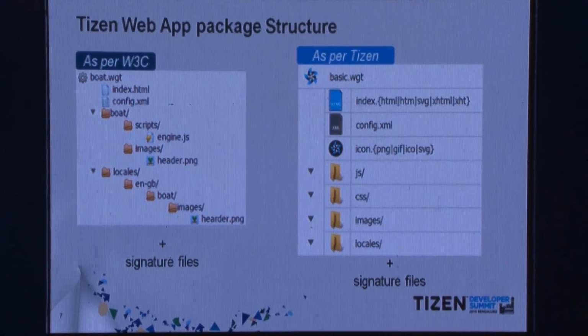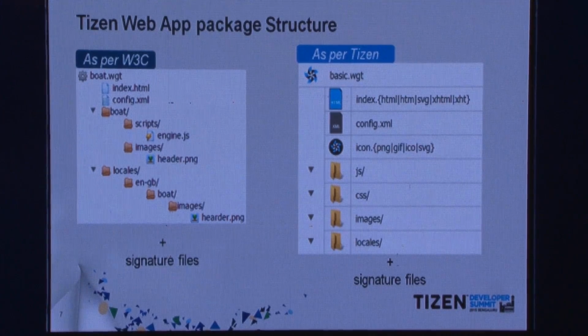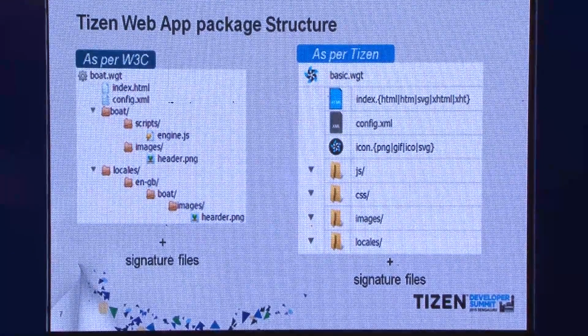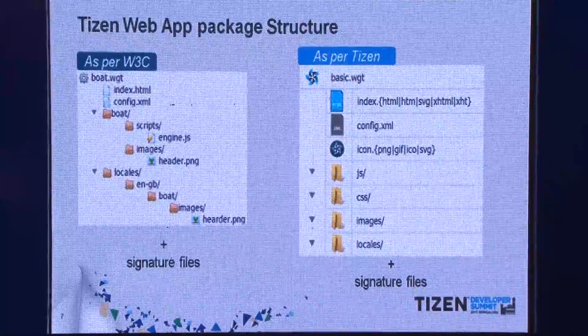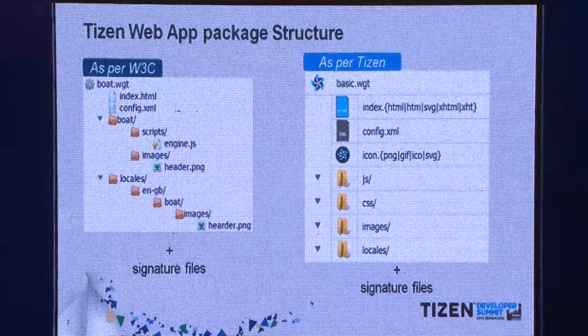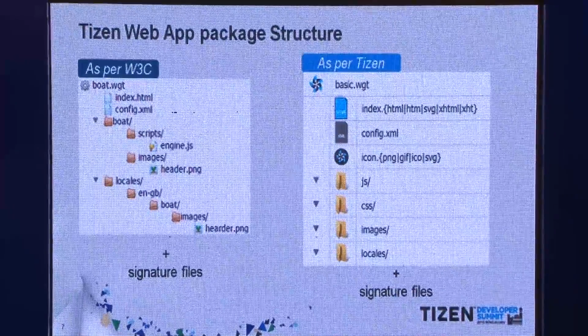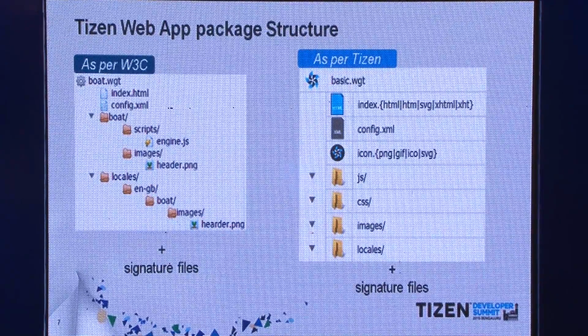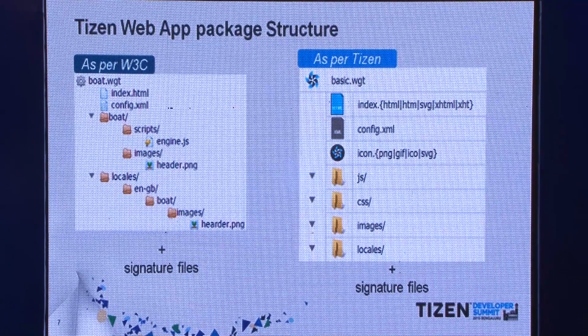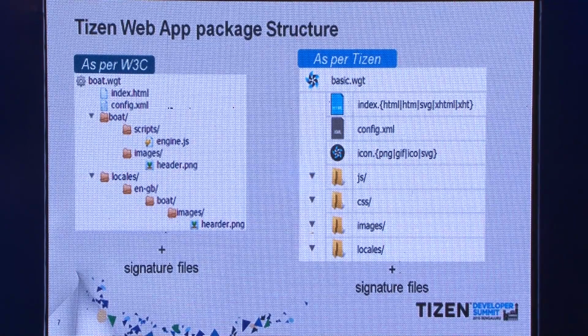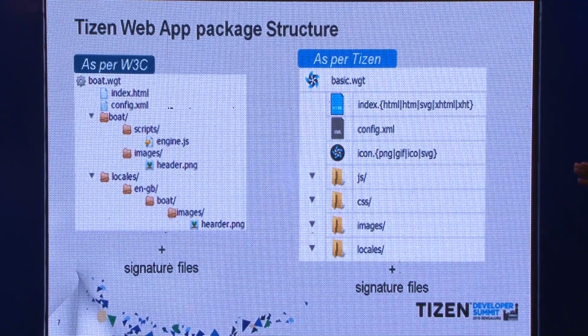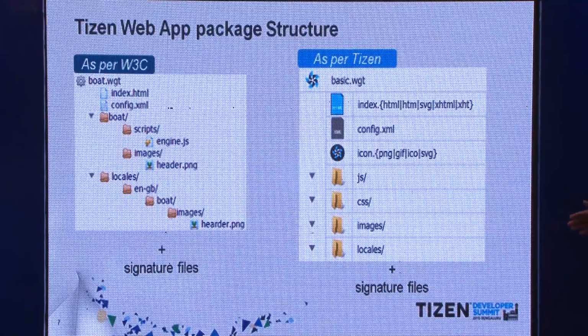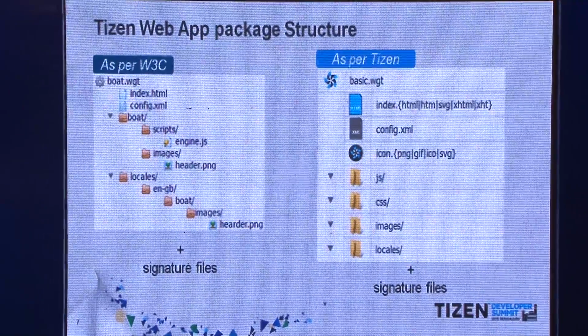What I mean by organized, you see in case of Tizen, the JavaScript files are kept under a folder named JS. The CSS files are again kept under a folder named CSS. Likewise, Tizen also combines all the images required by the web application in a subfolder named images. Otherwise, philosophically these two things are similar. Apart from this content, below we can see something called a signature file.